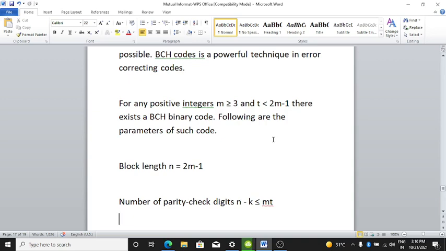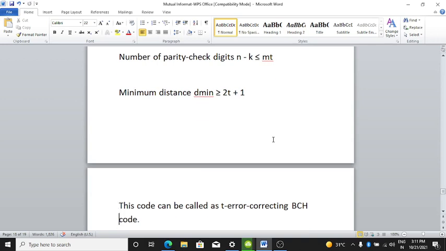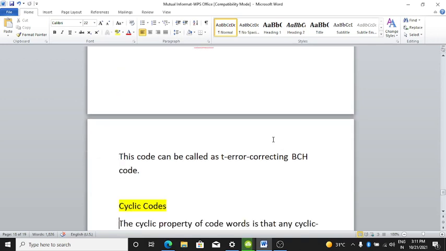Following are the parameters of such a code. Block length n equals 2^m minus 1. Number of parity check digits n minus k is less than or equal to mt. Minimum distance d minimum is greater than or equal to 2t plus 1. This code can be called a t error correcting BCH code.